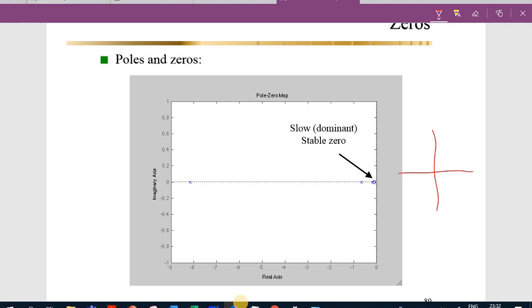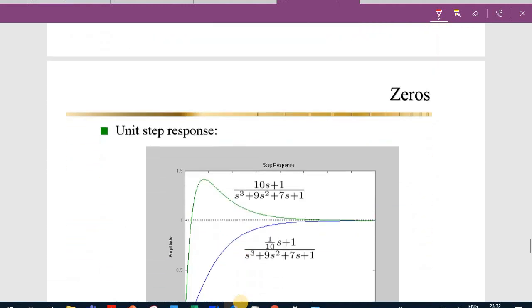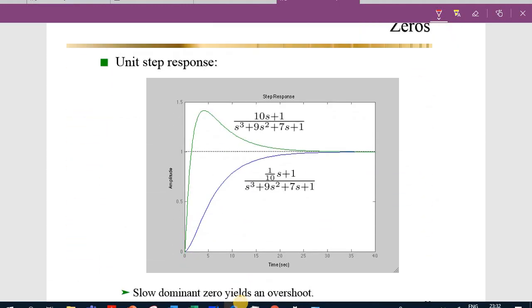So if I draw my figure here, the zero is standing here, and then I have another pole here, another pole here, and another pole really far away. So the zero here is dominant, since it is closest to the imaginary axis. It will have an effect, and the effect will be overshoot. What do we mean by overshoot? You can already see a comparison here.